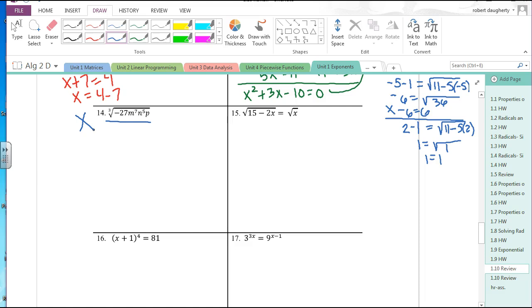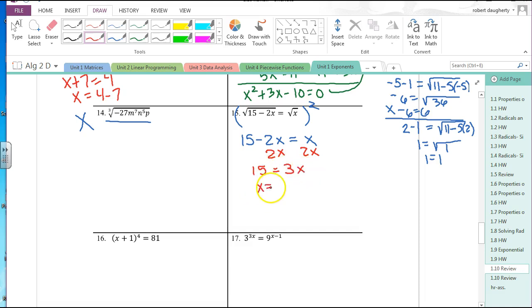Number 15. I would like to square both sides of this equation. So when I do that, I get 15 minus 2x equal x. Okay. Gather all my x's on one side and my numbers on the other. So I'm going to add 2x to both sides, and I get 15 equal 3x.